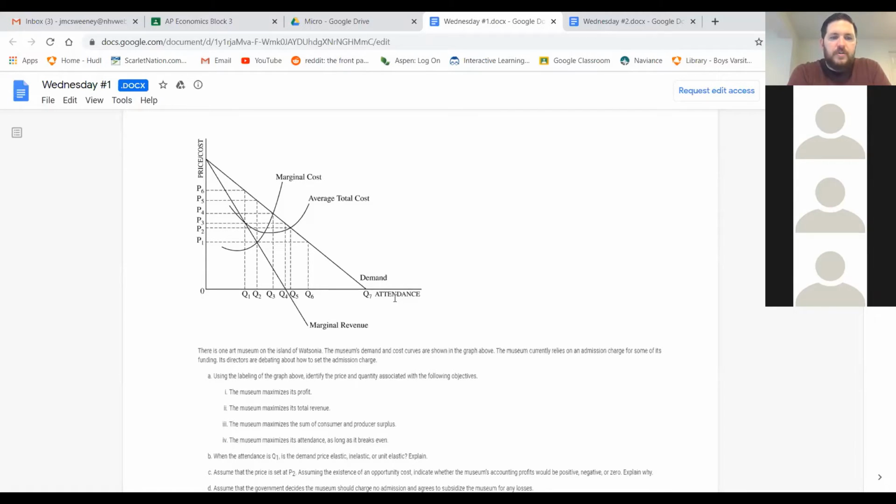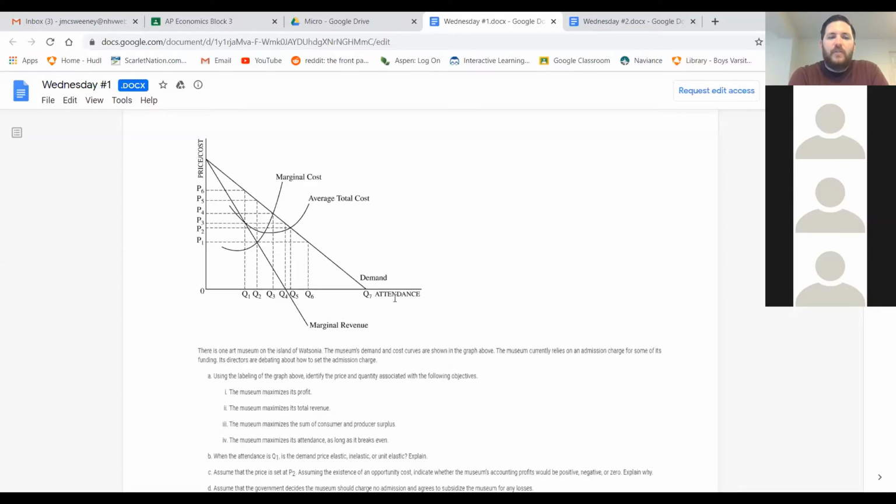All right. Number 2, the museum maximizes its total revenue. Okay, this is making sure that you guys understand how to read the graph, and this is a marginal revenue question. So if we look at our graph, we see where marginal revenue goes negative, right? So marginal revenue hits 0 at Q4.